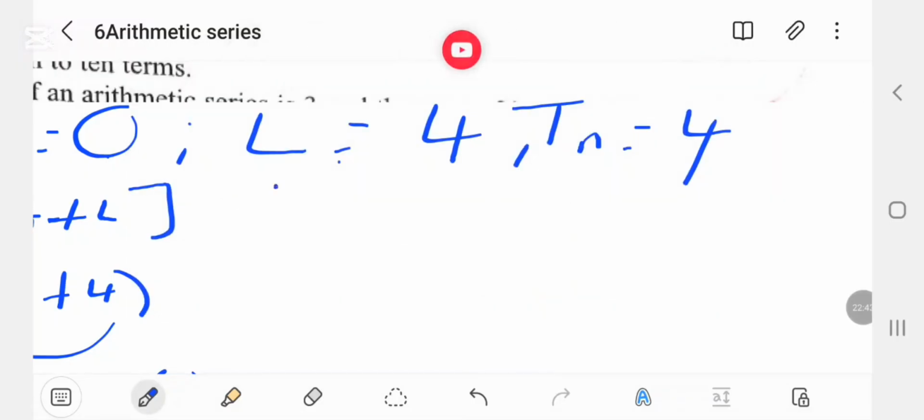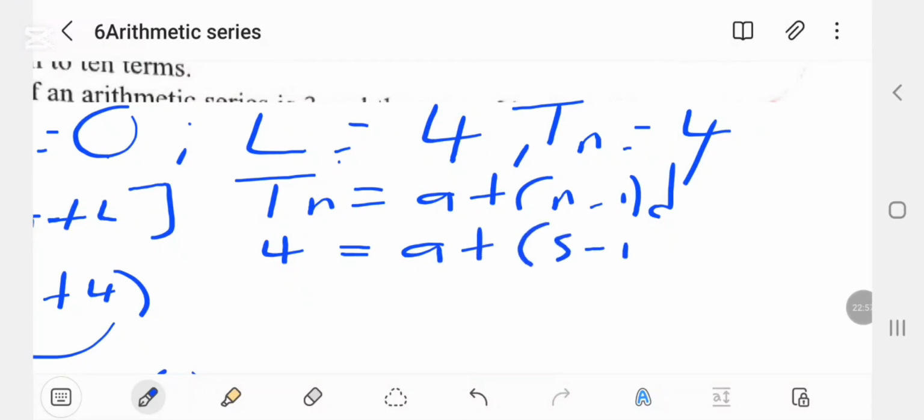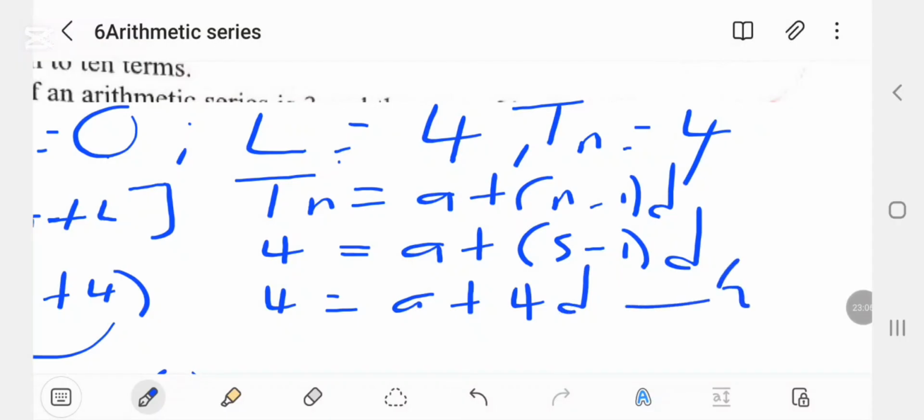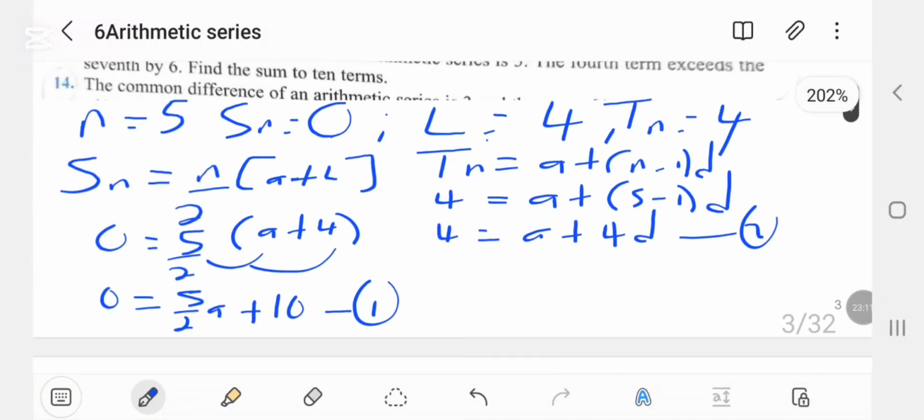Tn is equal to A plus n minus 1 times D. Tn is the last term. We don't have A, but we do have the number of terms, which is 5, minus 1. So 4 is equal to A plus 4D. This is equation 2. So we have equation 1 and equation 2, so let's try and find D.